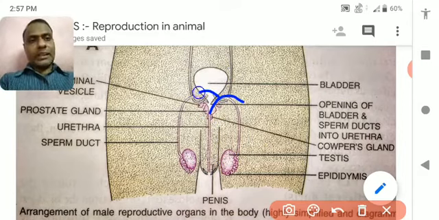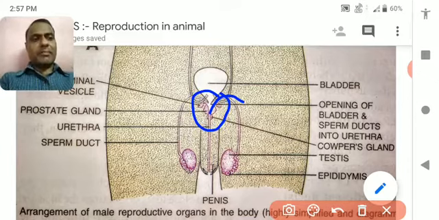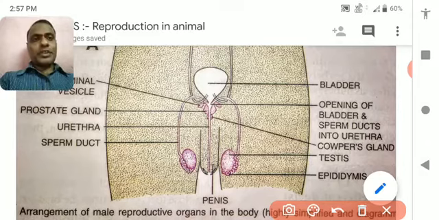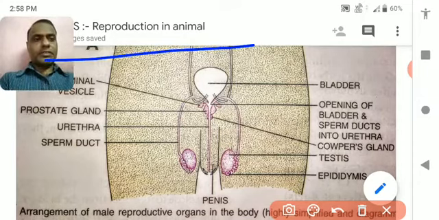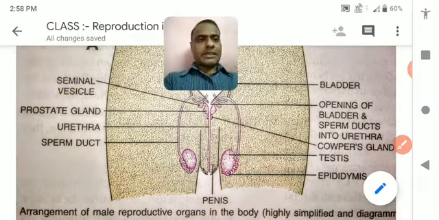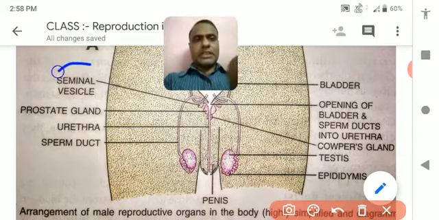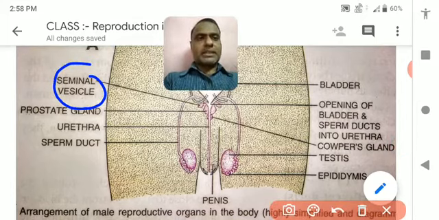But here three different glands meet together and directly open into it. So what are the names of the three glands? Just see over here. First is the seminal vesicle. Yeah, it is written over here. See the figure clearly.